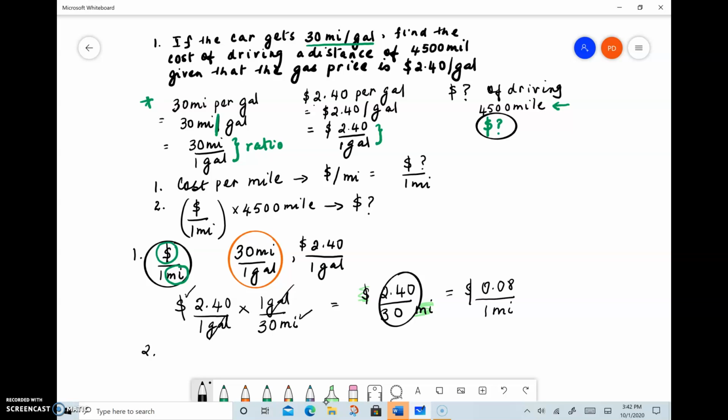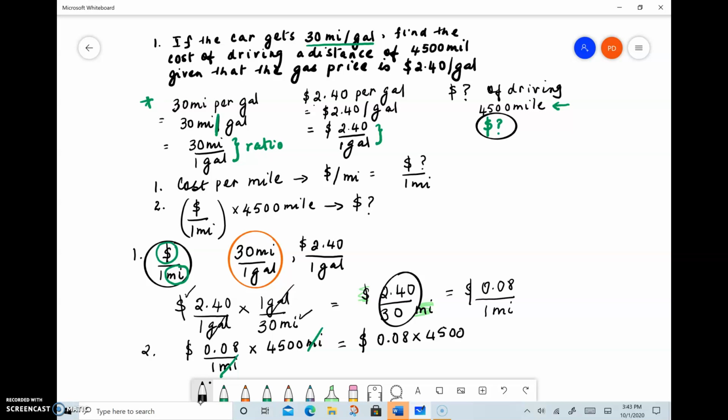Now all we need to do is multiply this. If for 1 mile we have to spend 8 cents, we multiply that with 4,500 miles, and we know it should be multiplication because the miles cancels with the miles, and because we want our answer to be in dollars, and that's exactly what we get. So that's 0.08 times 4,500.